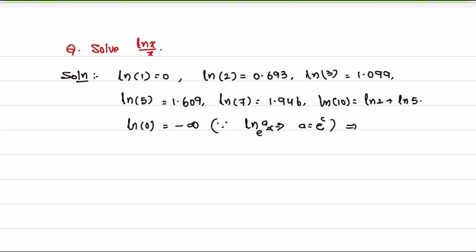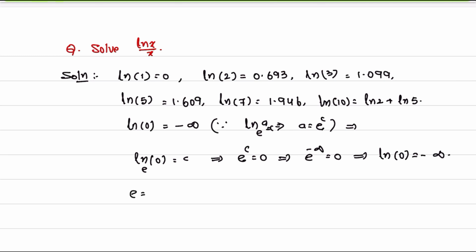That means ln 0, the natural logarithm is always to the base e, is equal to c means e to the power of c is equal to 0. That implies e to the power of minus infinity tends to 0. That implies ln 0 is equal to minus infinity. And what is the value of e? e is equal to 2.718.